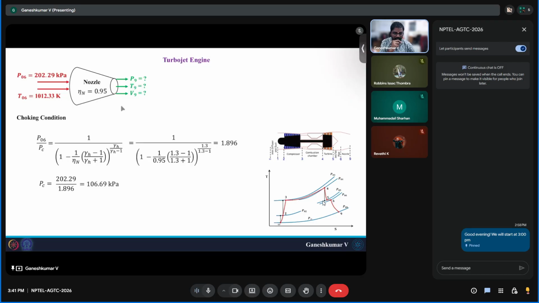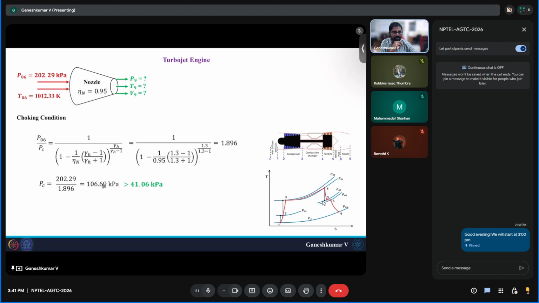So if your exit pressure, or ambient pressure P infinity, is greater than P critical, then the nozzle will not be choked. If the P critical is greater than ambient pressure, then the nozzle will be choked. In this case, at 7,000 meters height, the P infinity was only 41 kilopascal.